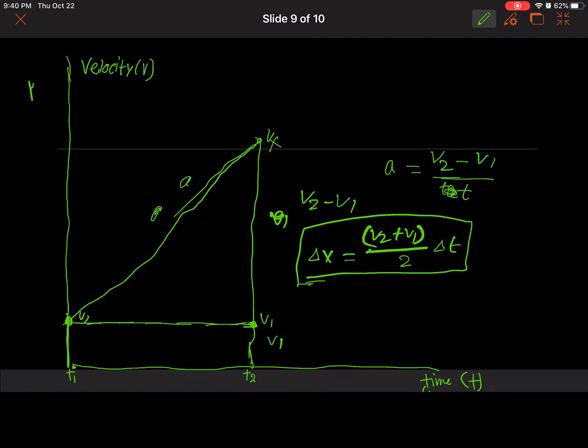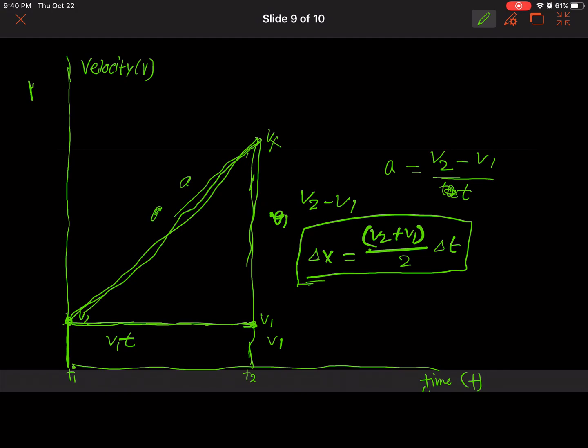So when we're talking about this in terms of acceleration, let's consider this in parts. Let's add the area of the triangle and this rectangle. Area of the rectangle, easy peasy. This is just t times v1.